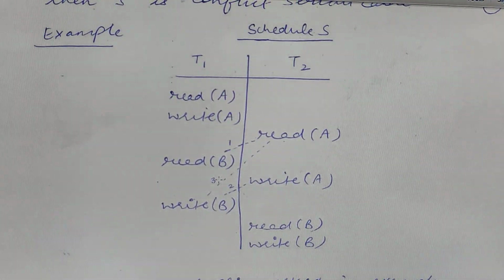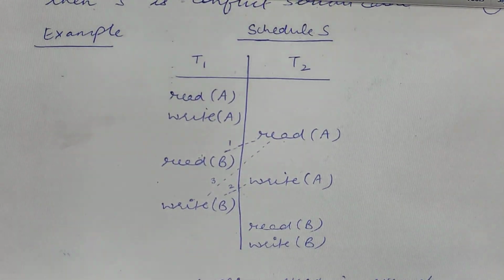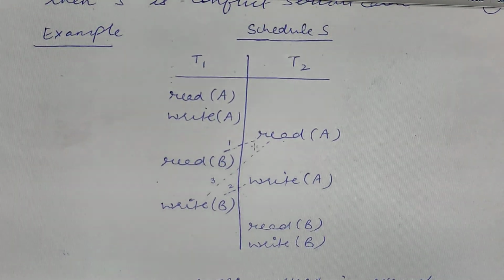We will swap the operations only if they are non-conflicting. So let's start. To execute this read B by T1 before this read A, I have to move it upward, before read A.